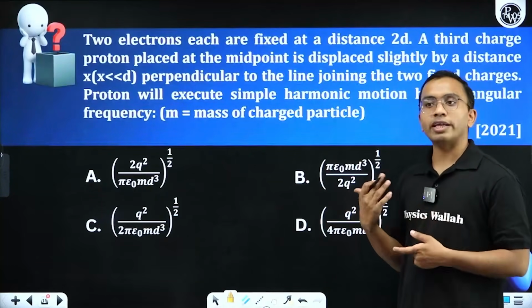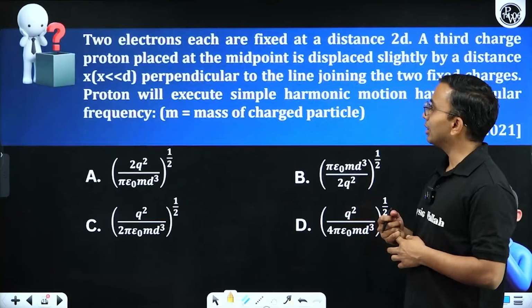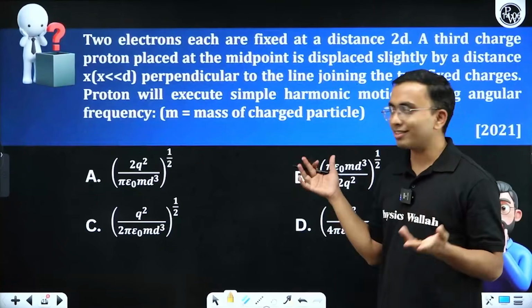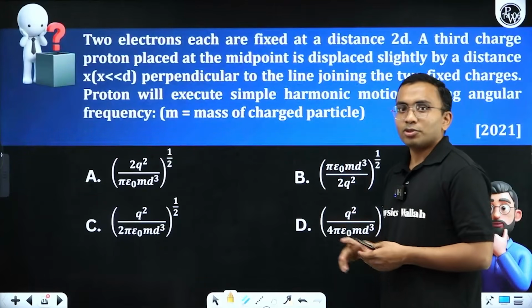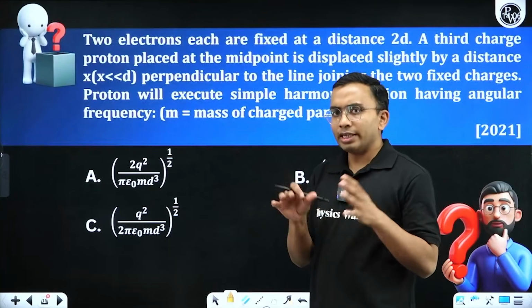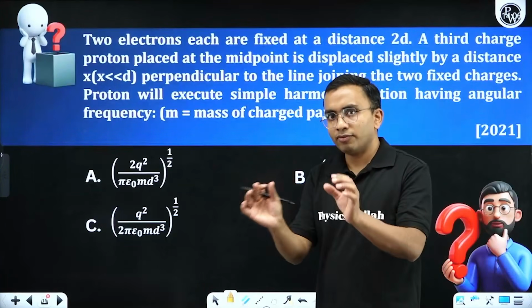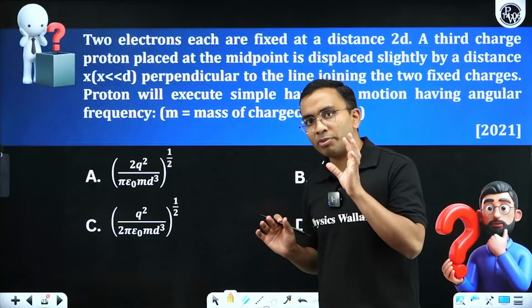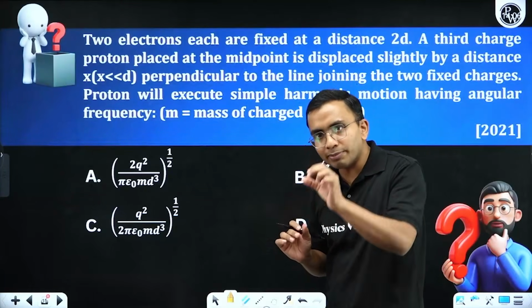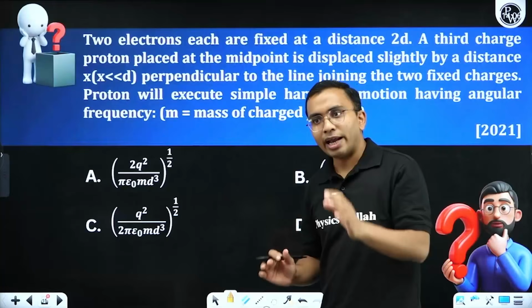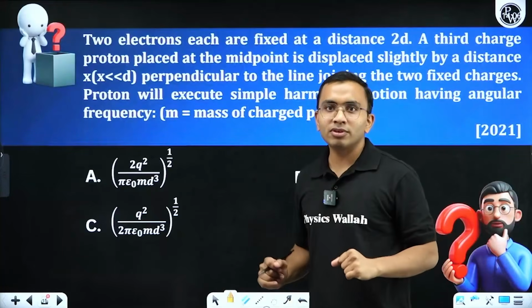You need to know how to find the time period, or just the frequency. What we do to find the time period is, let us take that initially the proton is in equilibrium. I'll displace it by a distance x and see how much the force is now.